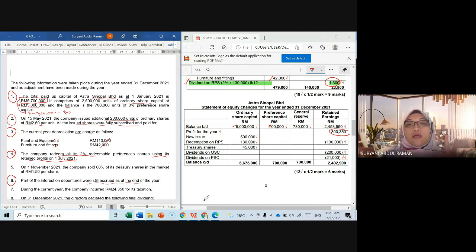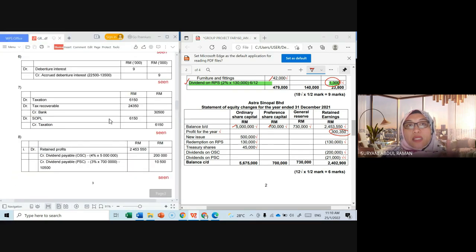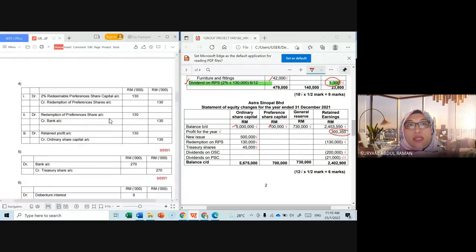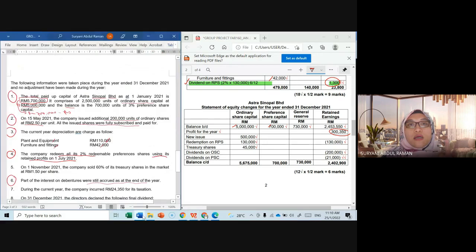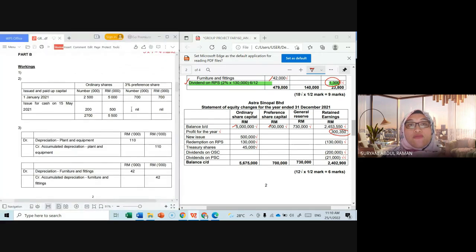Okay, very good. This group earlier, group 1, showed the movement of how the money came in. Where is the transaction? Okay, this one. How many units came in? 200 units, 200,000 units. Sold at how many ringgit? RM2.50.